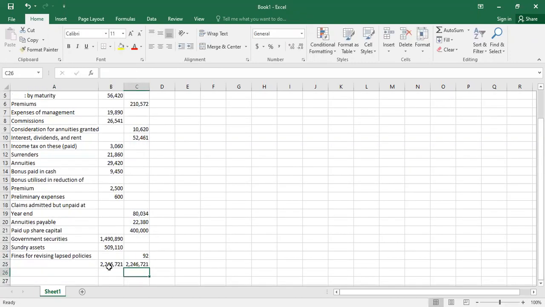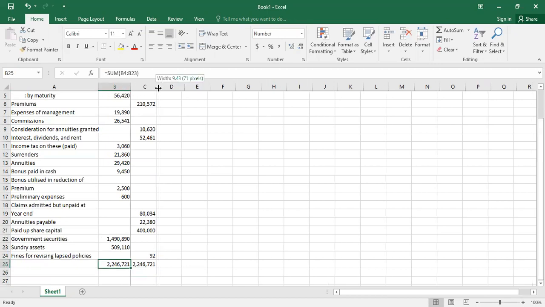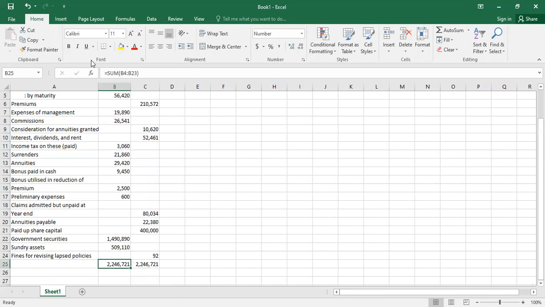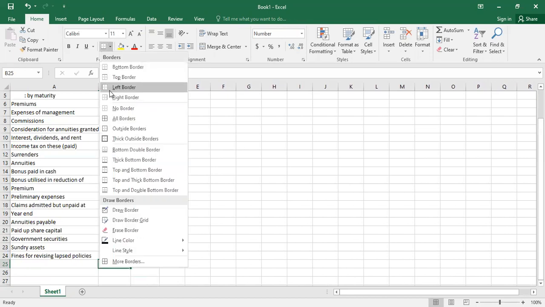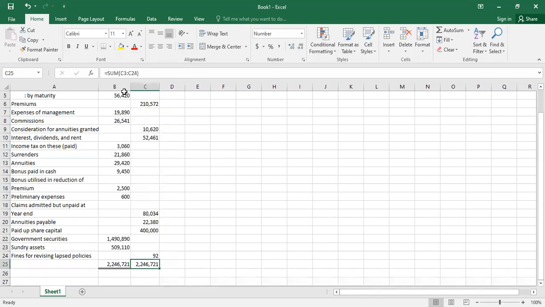Enter. So you can see our balances are tallying, which means that on the trial balance we have done the arithmetic check. So that's the importance of doing the arithmetic check, because it helps you establish whether whatever you're about to engage in is right or not right.